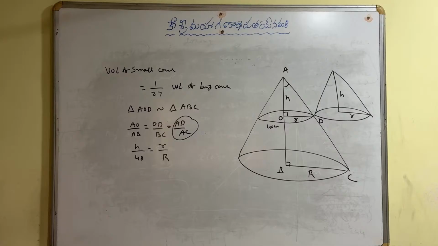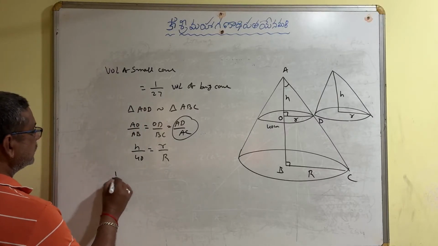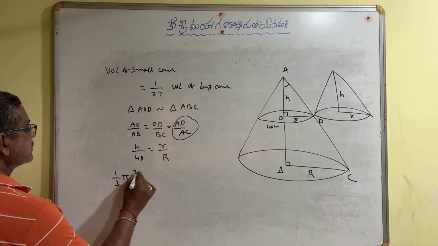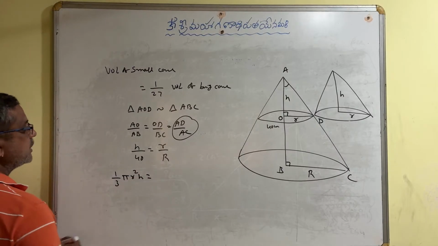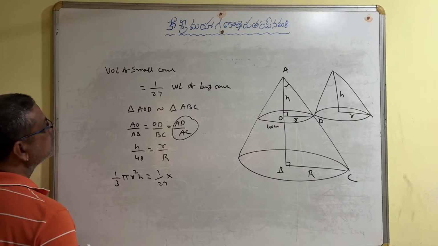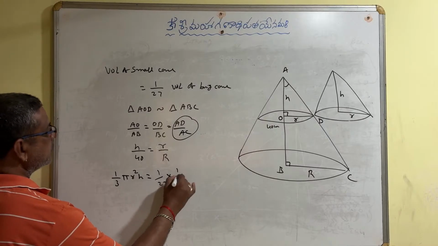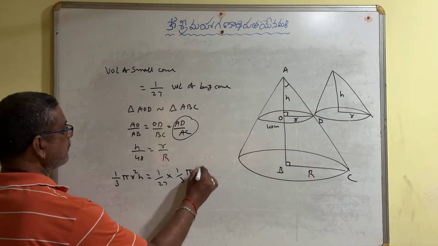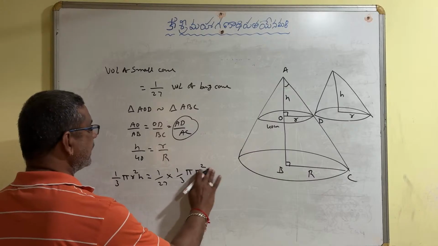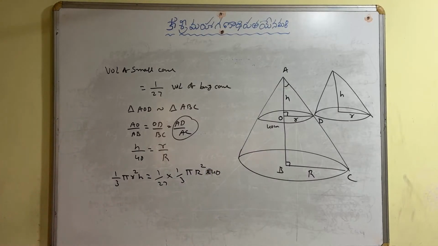Now the volume of the small cone, that is 1/3 pi r square H, is equal to 1/27th of the volume of the big cone, that is 1/3 pi capital R square into 40. H is 40 for the big cone.